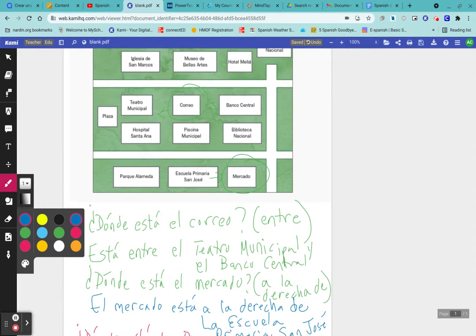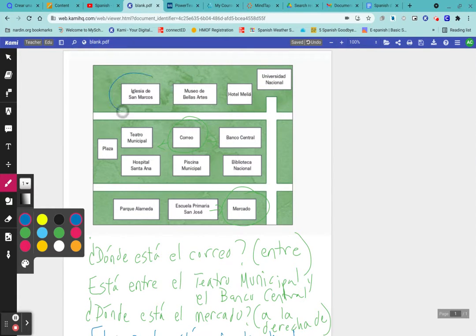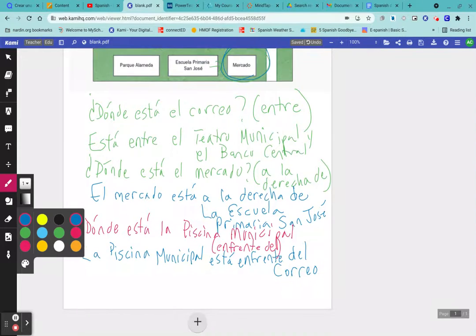And then let's just do one more. Let's say that the Iglesia de San Marcos is far from the mercado. If I ask you, ¿Dónde está la Iglesia de San Marcos? And from the mercado, you want to say it's lejos de. So that's the lejos de. Now we want to write a sentence.